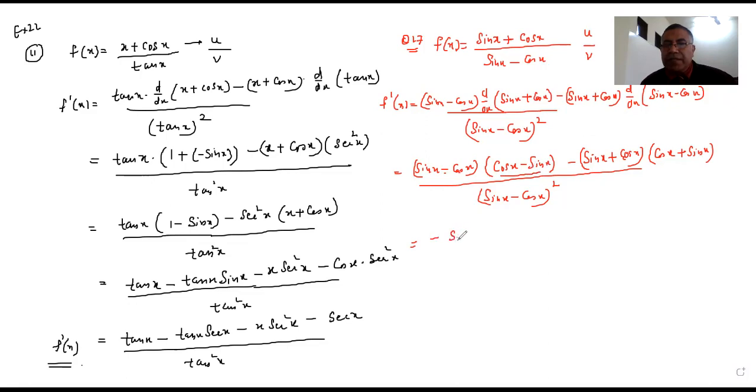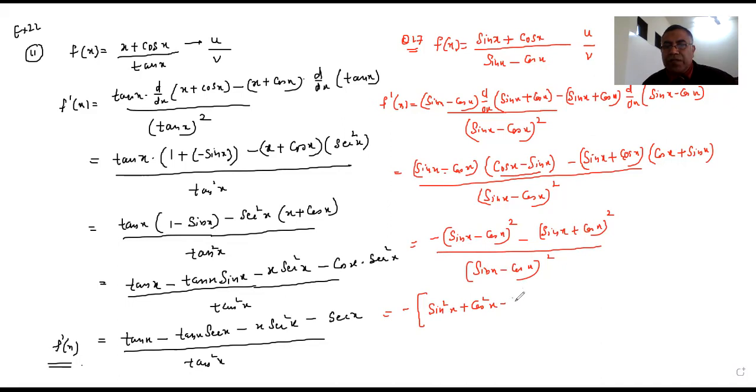So it will be minus (sin x minus cos x) whole square minus (sin x plus cos x) whole square upon (sin x minus cos x) whole square, which is negative outside: sin square x plus cos square x minus 2 sin x cos x plus sin square x plus cos square x plus 2 sin x cos x, upon (sin x minus cos x) whole square.